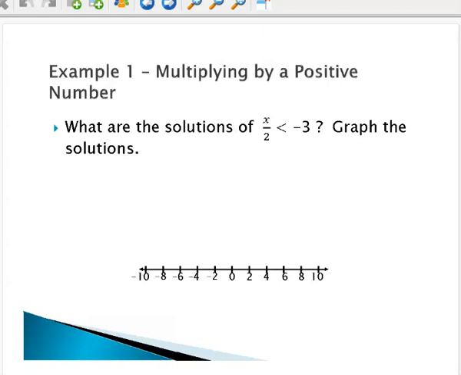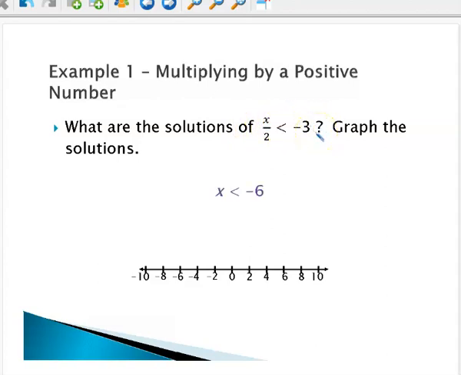Okay, so let's look at multiplying by a positive number. If I have this inequality here, x over 2 or x divided by 2 is less than negative 3, I need to identify the solution and then graph it. Just like if this was an equal sign, I would want to undo the division by multiplying on both sides.